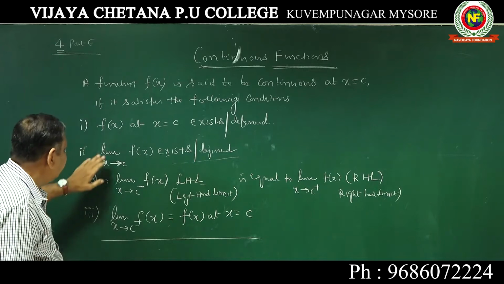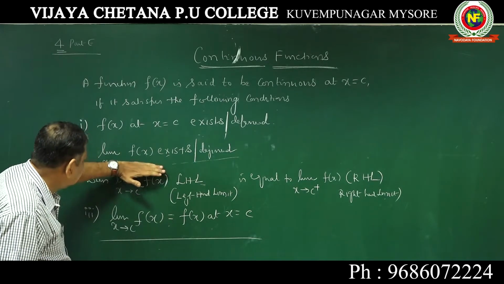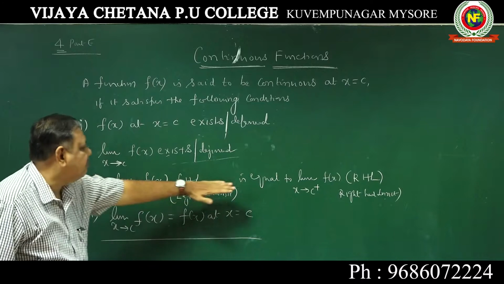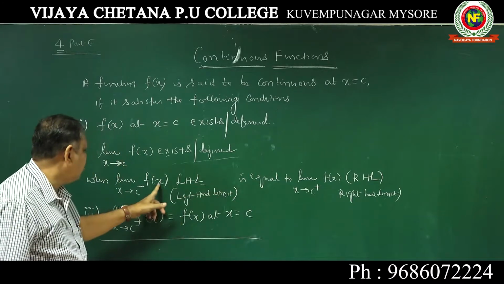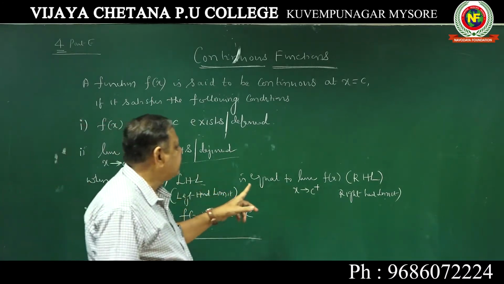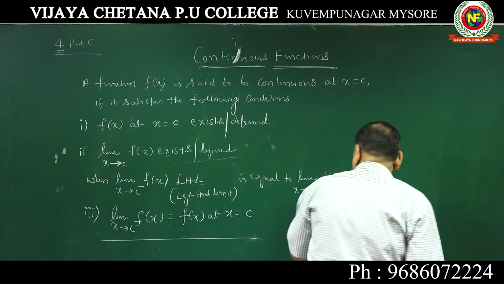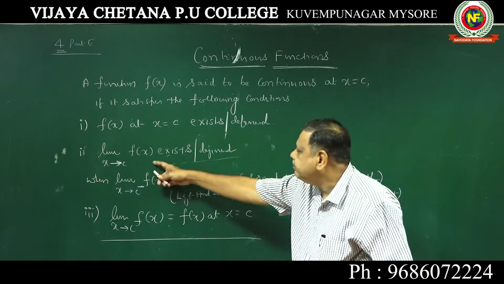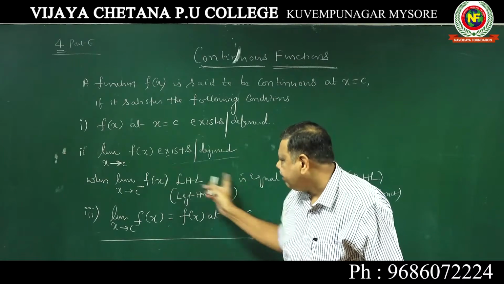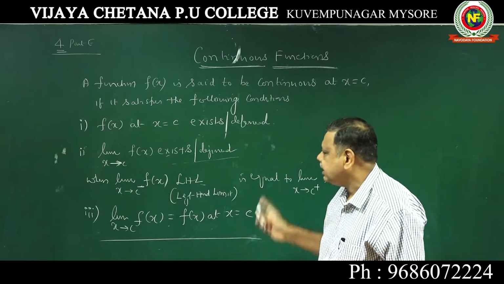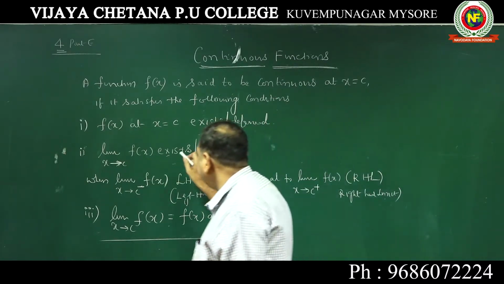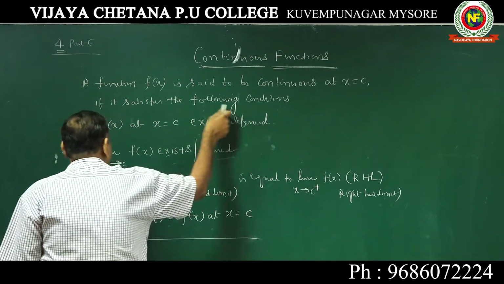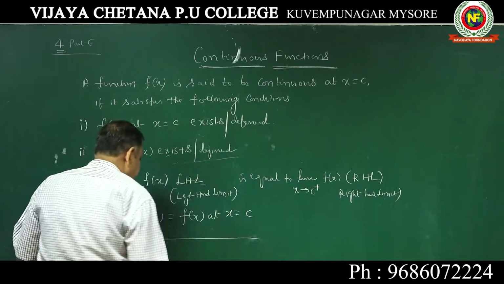When can the limit exist? When the left hand limit is equal to the right hand limit. The limit as x tends to c minus, LHL, and as x tends to c plus, right hand limit, should be the same, then the limit exists and that is its value. The third condition: this limit value and the first condition's value should be the same.